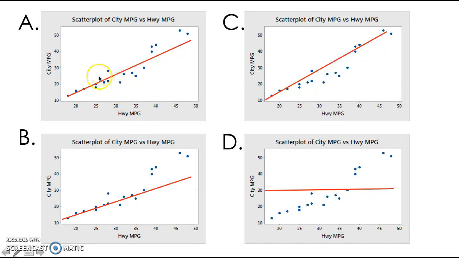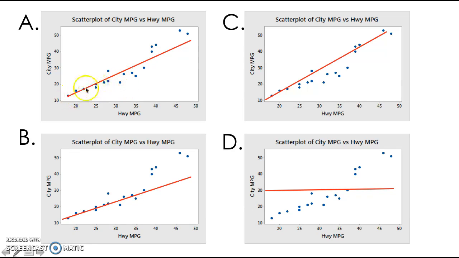Now, if we come up here to A, we can see that there's 1, 2, 3, 4, 5, 6, 7 points above, and that there's about 1, 2, 3, 4, 5, 6, 7, 8 points below the line of best fit. Now, there's about the same amount of points above the line of best fit as there are below the line of best fit.